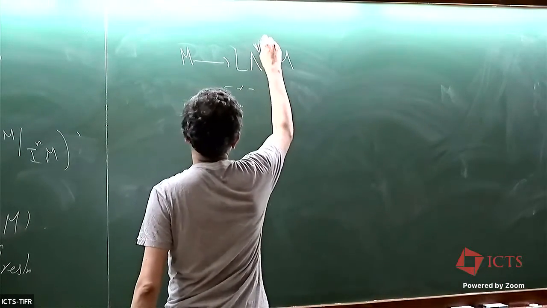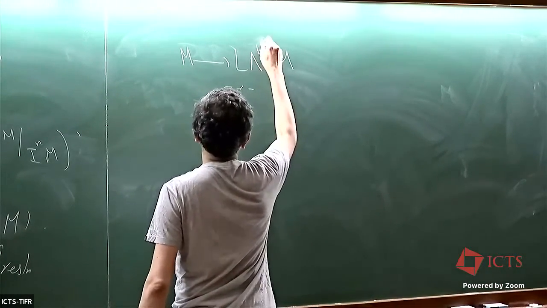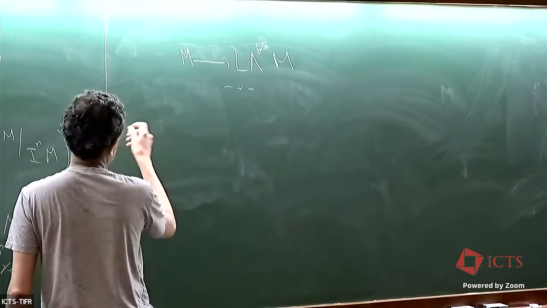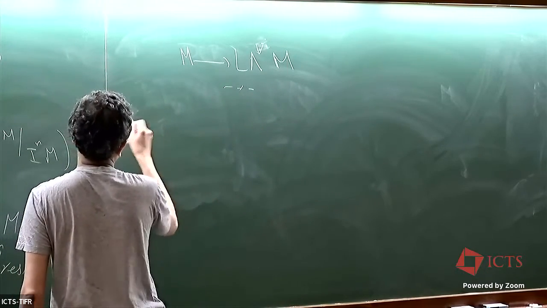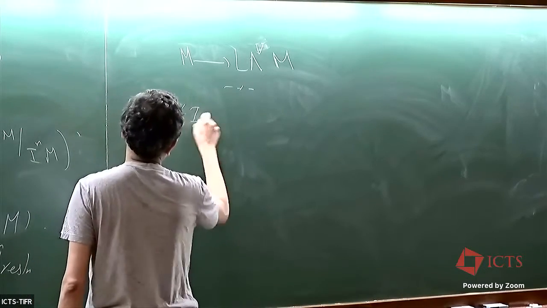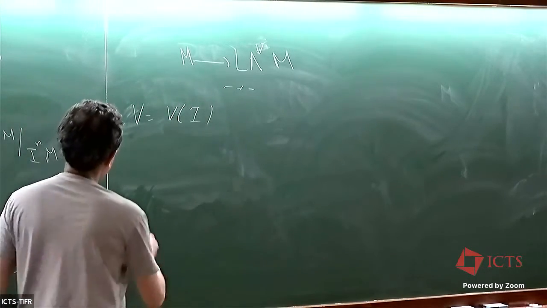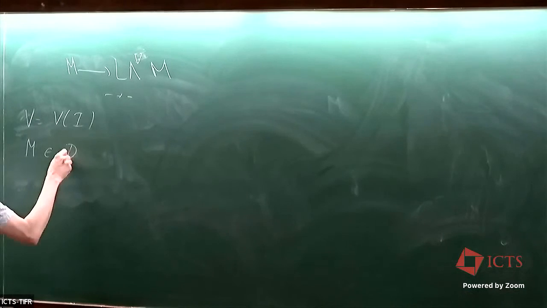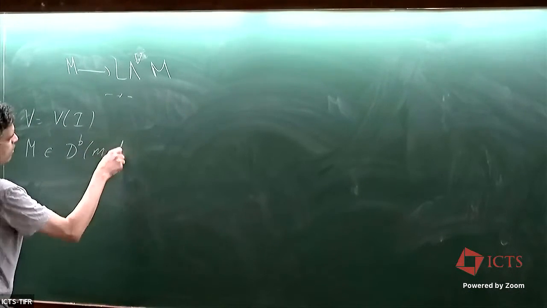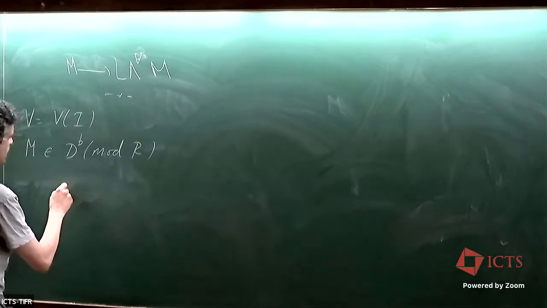Okay. Now, let me say a few things about this completion functor. Let's look at the case when V is VI. If you look at something in the bounded derived category, then the completion functor can be written like so.